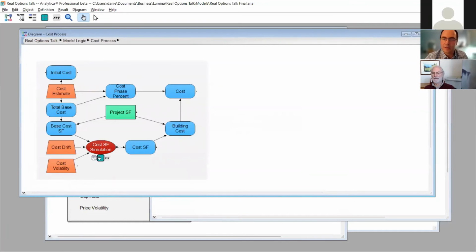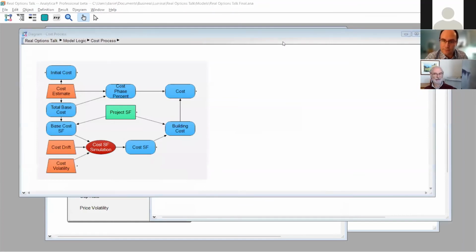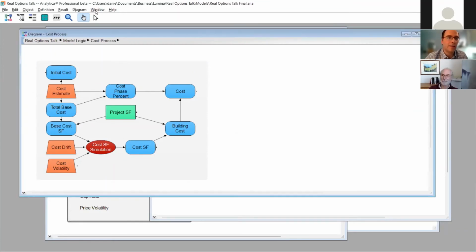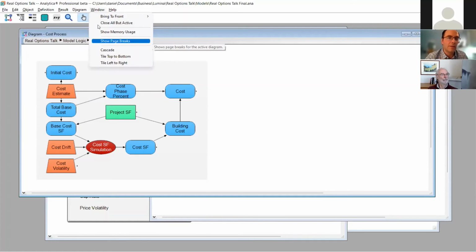And then I don't want to click this because I have 32,000 runs selected. Could you just reduce the sample size? Oh, yeah. Let's see. Here we go.